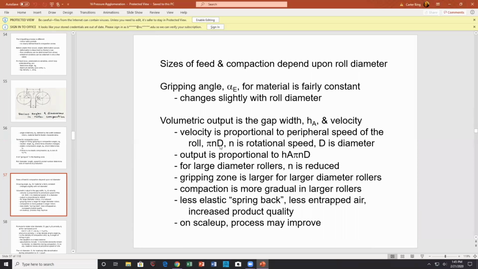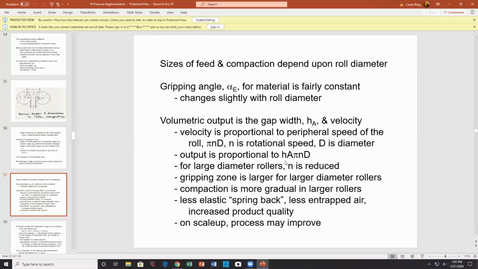Velocity is pi ND. Output will be H times the area A, and then times the speed. A is what? I got to figure out what that A is. Well, this has got to be length.